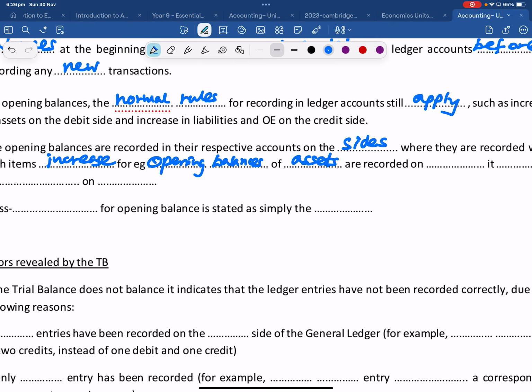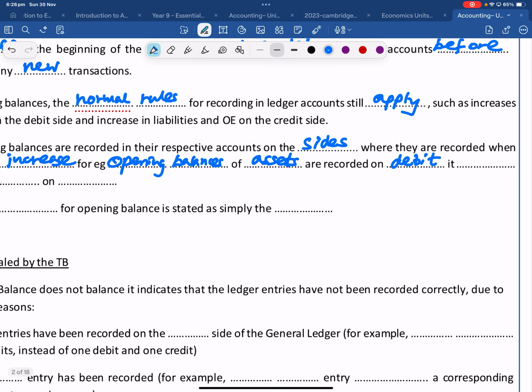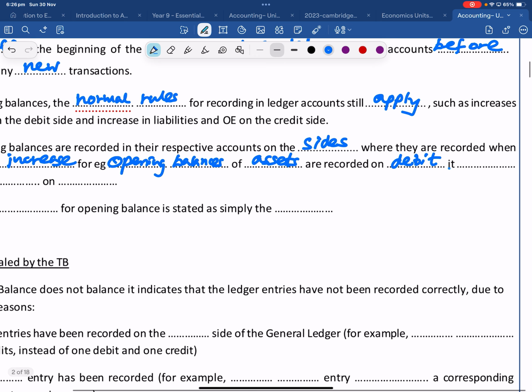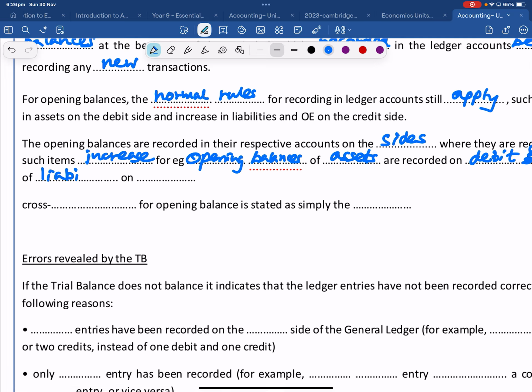Opening balances of assets are recorded on debit, and those of liabilities on credit.